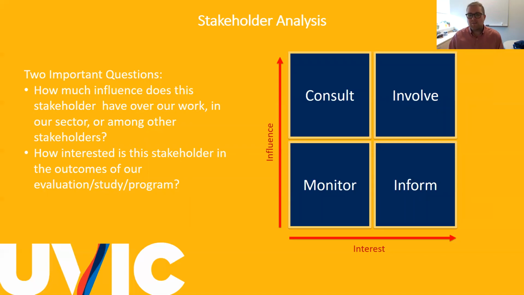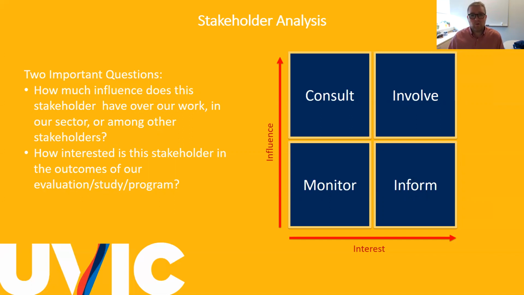When you have stakeholders who are very influential and have high interest, these are the people that you need to be involving in decision making around your evaluation and the research you conduct. You want to involve them not only when it comes time to publish the report, to give their rubber stamp, but from the beginning.